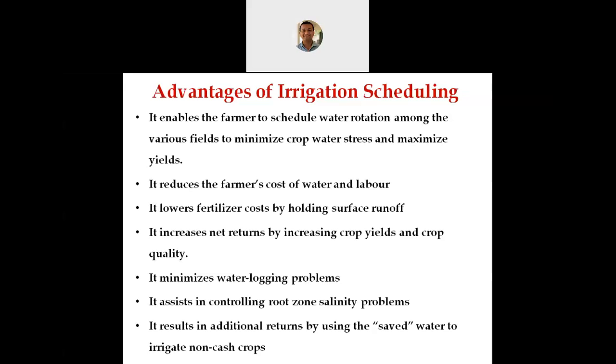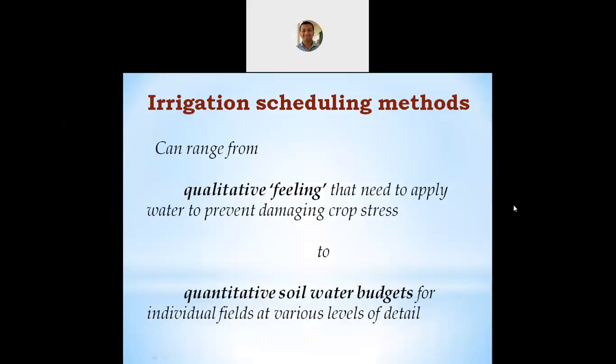So if we apply a limited amount of irrigation, the loss of fertilizer is saved, thereby preventing fertilizer cost. Moreover, it also minimizes the waterlogging problem and root zone salinity problem, and the water saved through scheduling irrigation could be used to irrigate non-cash crops.